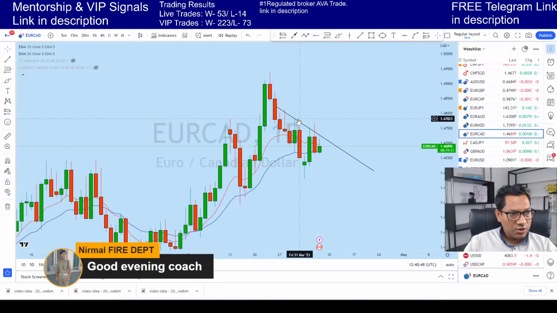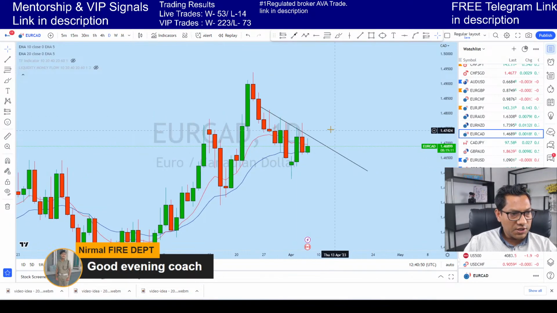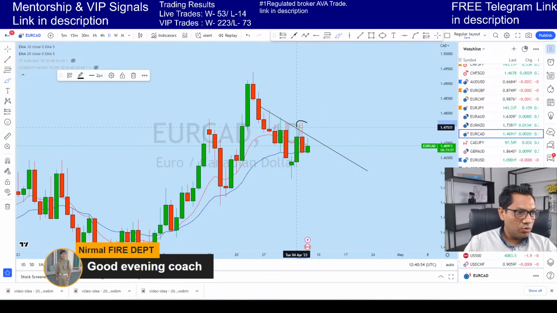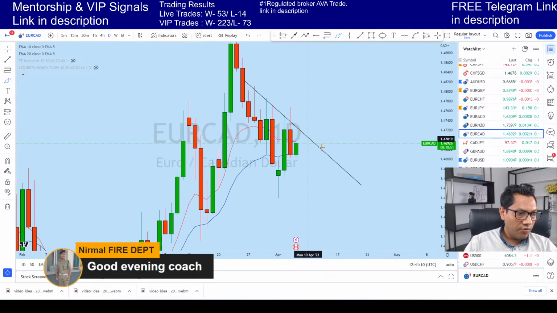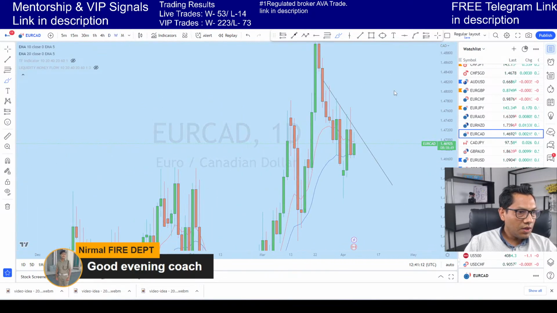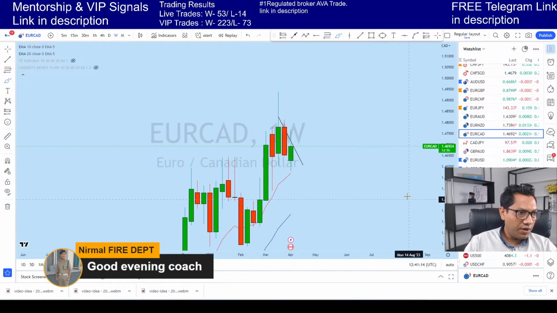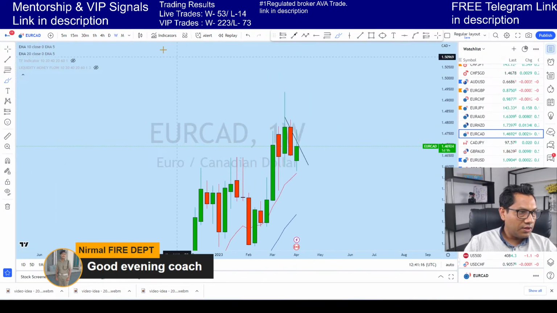There is a smooth resistance line on the daily, and here this is a long wick at the top. The price has broken this resistance line to the upside, grabbed the liquidity, and then closed back below as a long bearish candle.